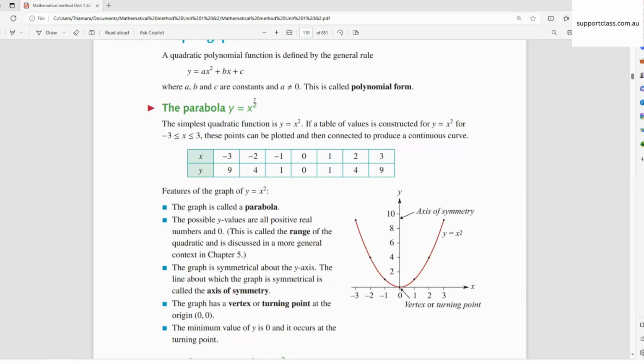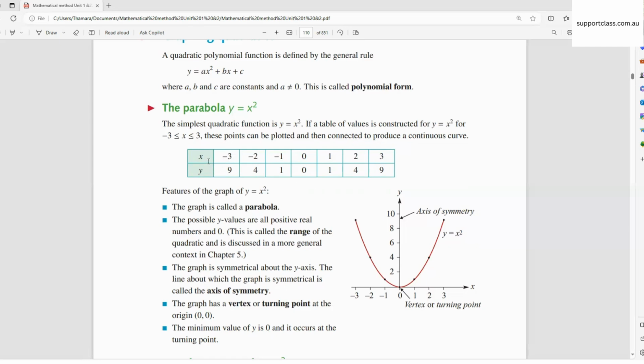In that case, you can see we tabulated some values for x, for example -3, and some values for y. So we'll put it this way.